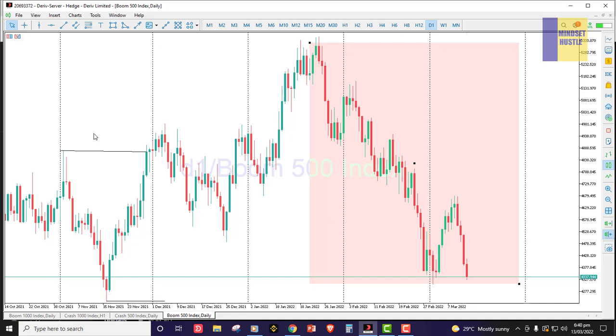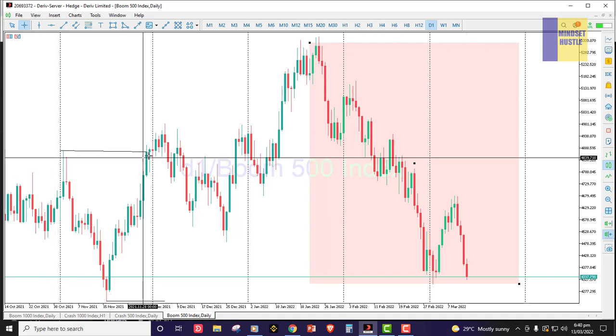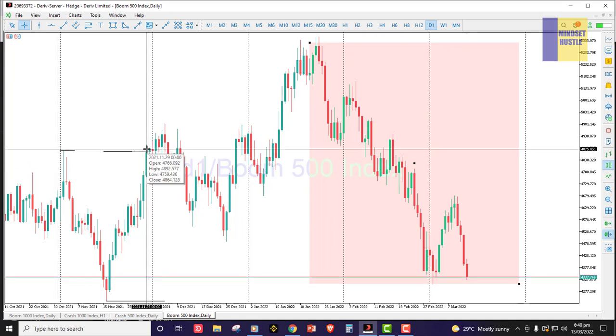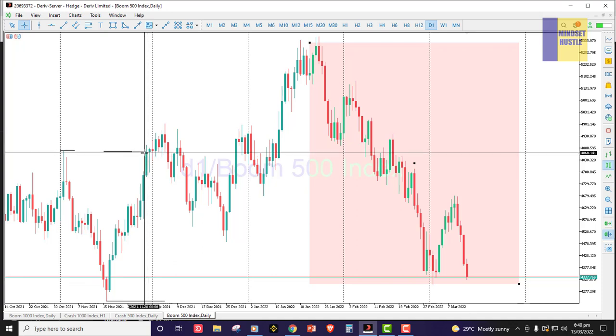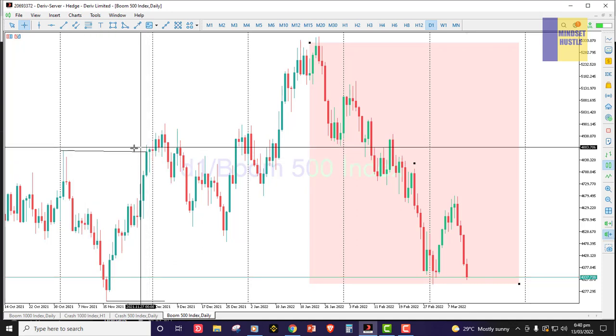Okay, all right. Now once this high is broken, and it was broken by this bullish doji, sorry, I said doji, this pin bar there, the body of that pin bar broke this high.